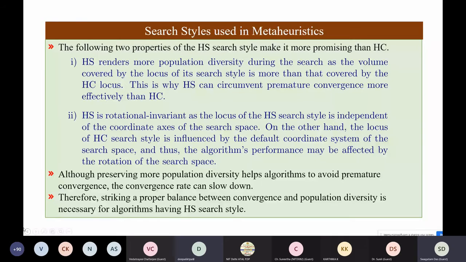HS is also rotationally invariant, as the locus of the HS style search is independent of the coordinate axes of the search space. Rotational invariance is a very big thing.